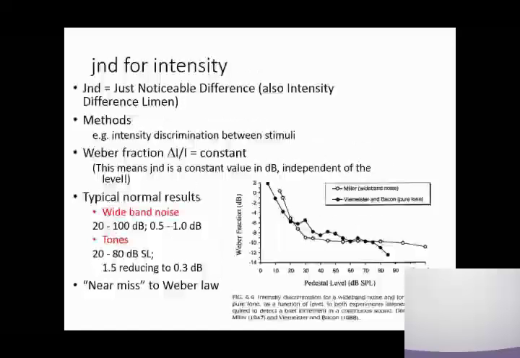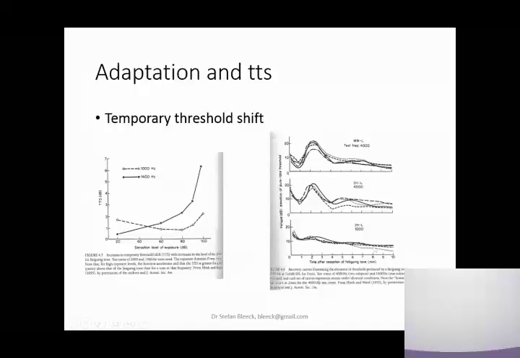We already said the discrimination threshold is about 1 decibel. But you find that this is actually increased in some cases. So listening for 3 minutes to a sound increases your threshold of discrimination. You get worse at discrimination, usually.